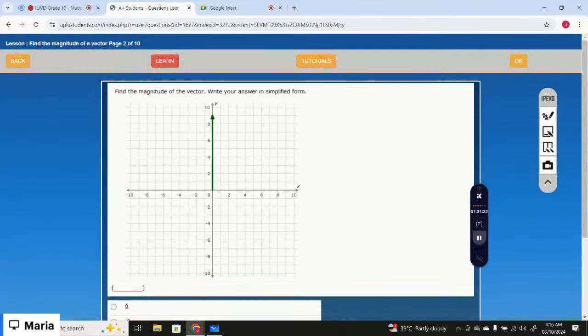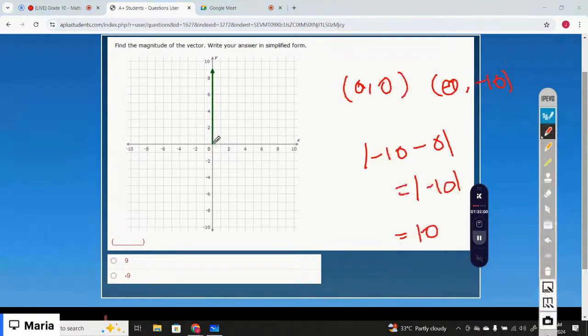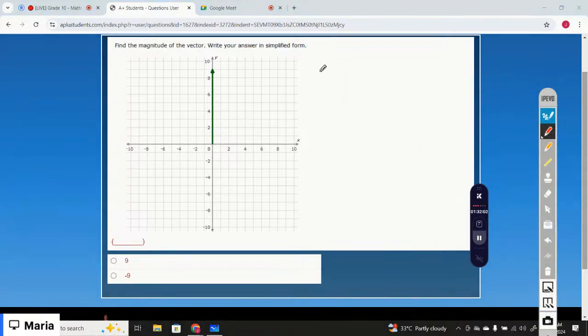Find the magnitude of the vector, write your answer in simplified form. So the initial is at 0, 0 and the terminal at 0 and 9, right?